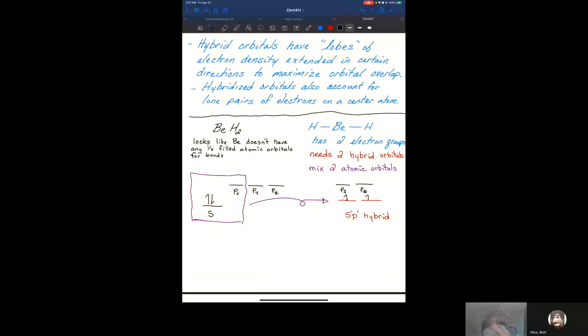It fills up like any other degenerate set of orbitals. They half fill with parallel spins.